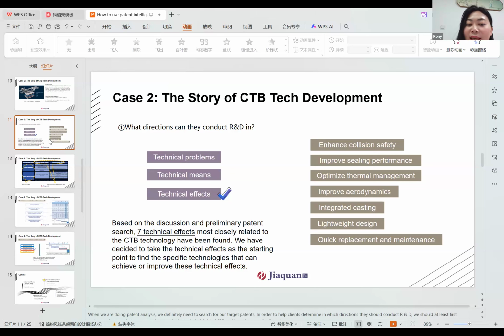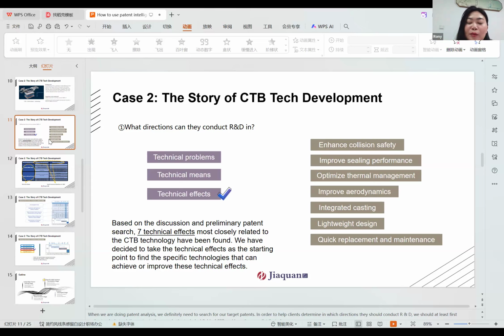That's because in most cases we will choose technical means or technical solution as the framework of our technical analysis basis. But in this C2B field, we first tried the technical means, but it doesn't work. So we switched to the technical effects. And the second reason we use this method is because our client is concerned about the technical effects of the C2B technology itself.